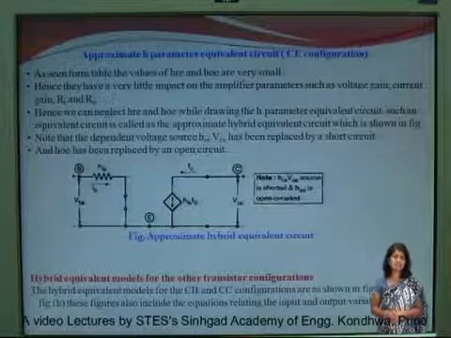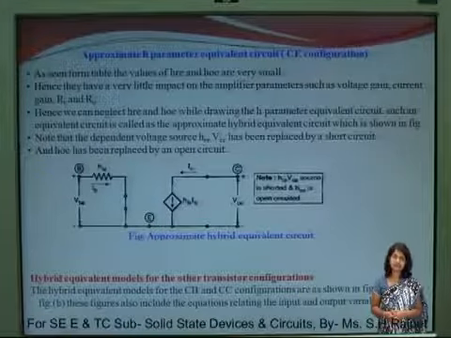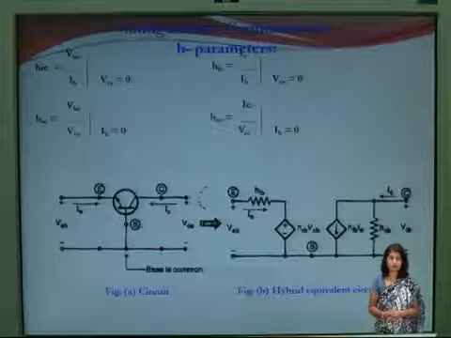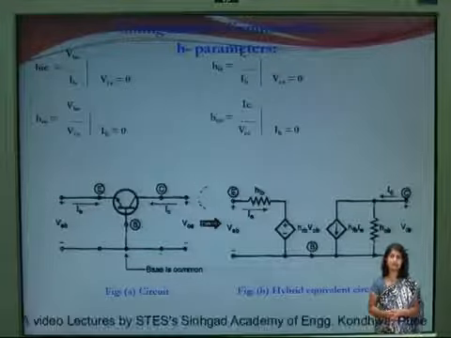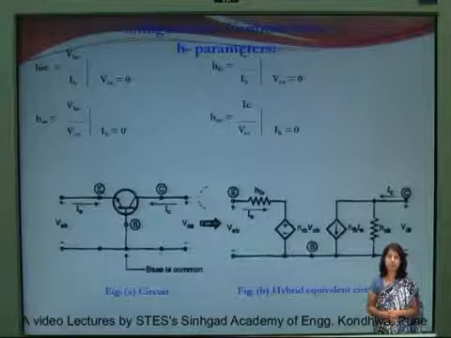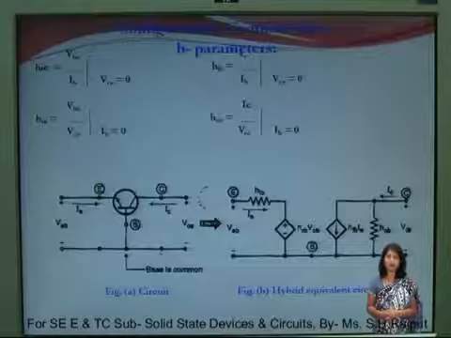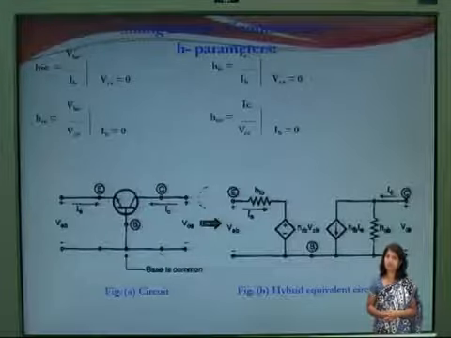Let's now discuss the h parameters for CB configuration and CC configuration. The first configuration shown over here is the common base. Now let's represent the h parameters for CB configuration. hie is given by VBE divided by IB by keeping VCE equal to 0.